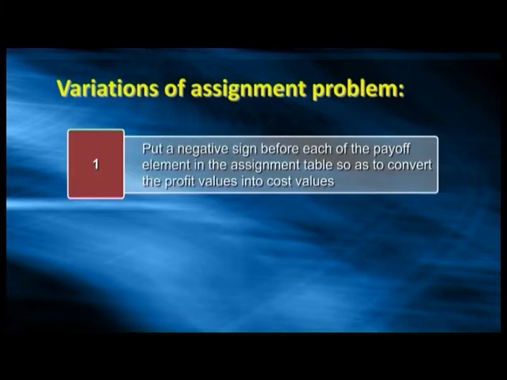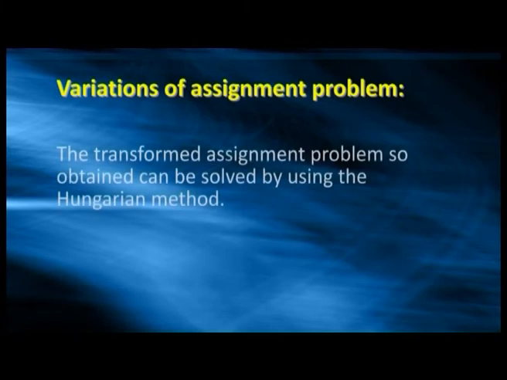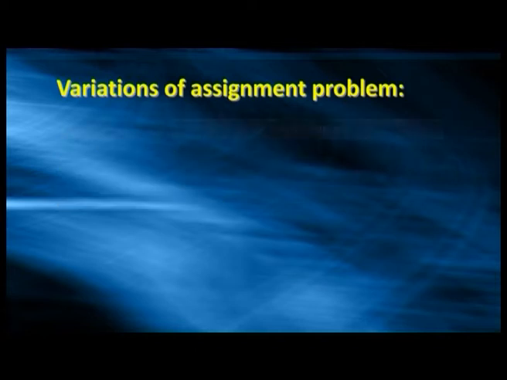Put a negative sign before each of the payoff elements in the assignment table so as to convert the profit values into cost values. Locate the largest payoff element in the assignment table and then subtract all the elements of the table from the largest element. The transformed assignment problem so obtained can be solved by using the Hungarian method.